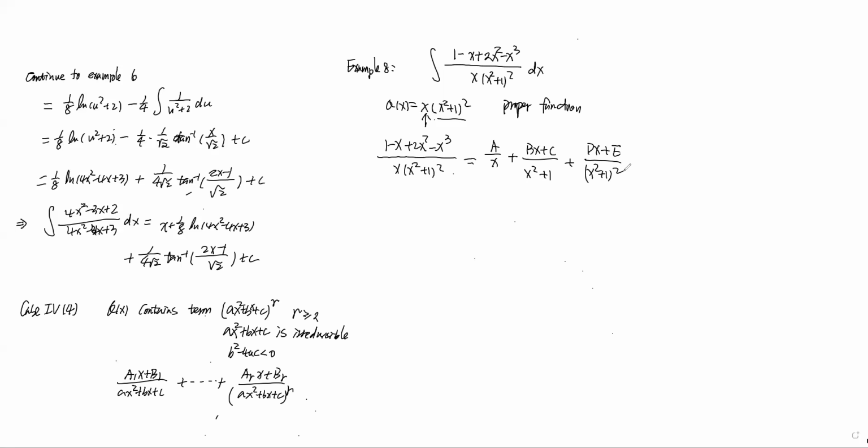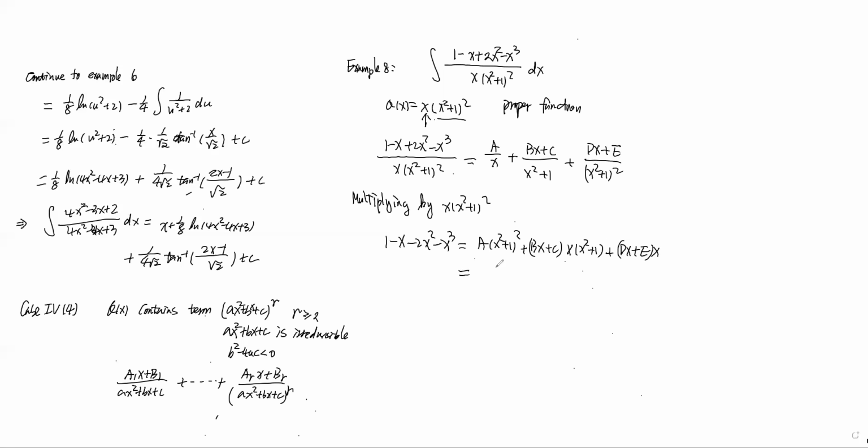And then we multiply by x times (x squared plus 1) squared on both sides. We have 1 minus x plus 2x squared minus x cubed equals A(x squared plus 1) squared plus (Bx plus C)x(x squared plus 1) plus (Dx plus E)x.